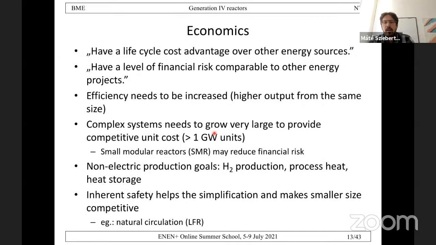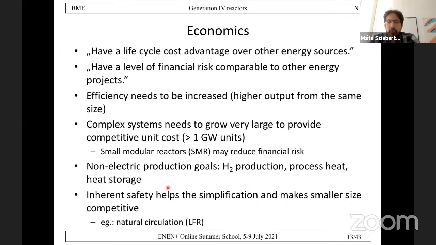But this large unit size obviously imposes large investment and a large level of financial risk. So one potential advantage of small modular reactors, despite that the economics of scale would suggest to build as big a size as possible, is that they may reduce the financial risks to some extent.